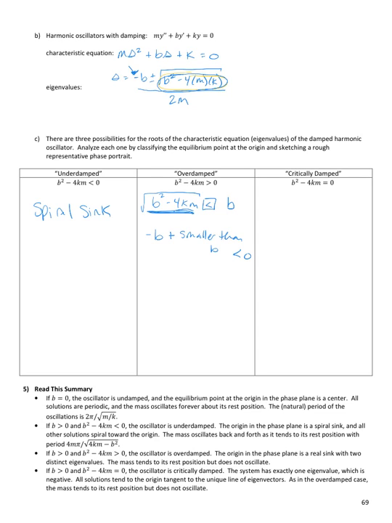So I have one eigenvalue that's negative, and then if I do the minus, negative b minus a positive value, whatever that square root comes out to, this is also going to be negative. So I have two negative eigenvalues, which means that this is a sink. Two real, both negative eigenvalues gives a sink. And then critically damped happens when b squared minus 4km equals 0, so we only have one eigenvalue, negative b over 2m.